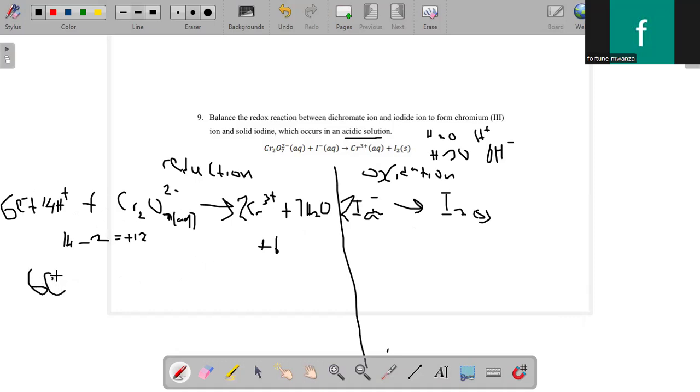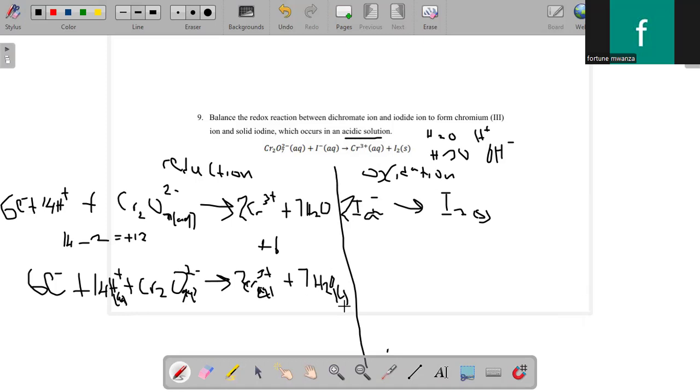I have 6 electrons plus 14 hydrogen ions, plus the dichromate, 2 minus, which is aqueous, giving me 2 Cr 3 plus, which is aqueous, plus my 7 H2O, which is liquid. So I've balanced the electrons and the atoms on this side.